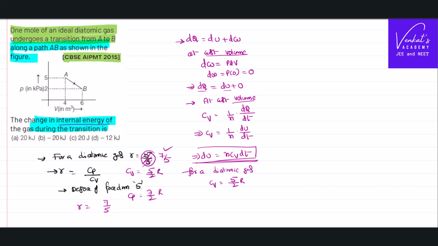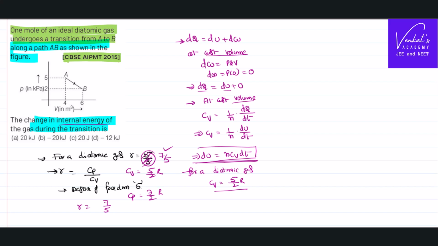I missed that earlier. Well, I got Cv as 5/2 times of R. I explained to you in the other video how you get this value. Please go through the playlist to know why it is 5/2.